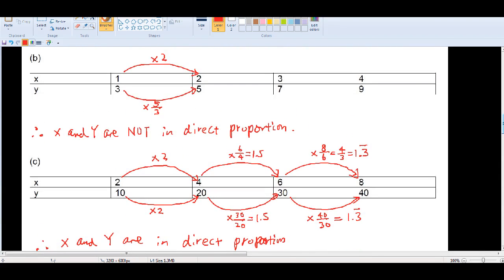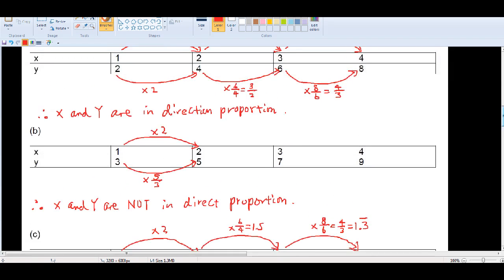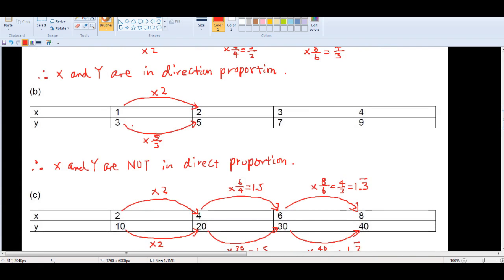Why did I do it like this? This is because when you are trying to see something is in direct proportion, you have to track all of them to prove that they are in direct proportion.